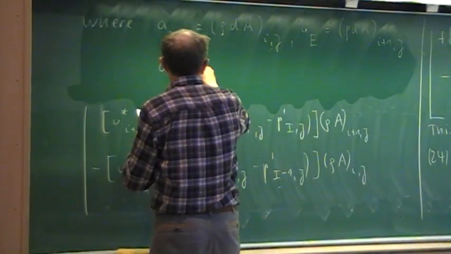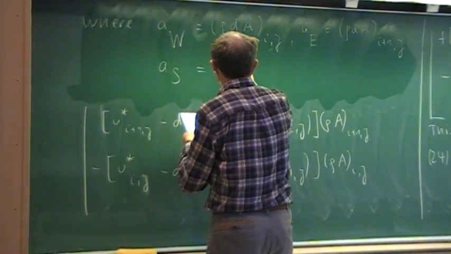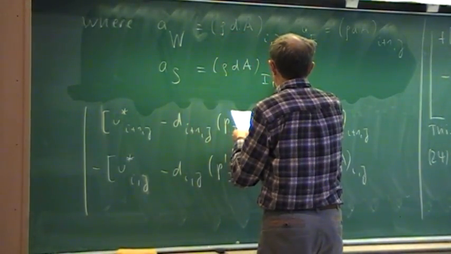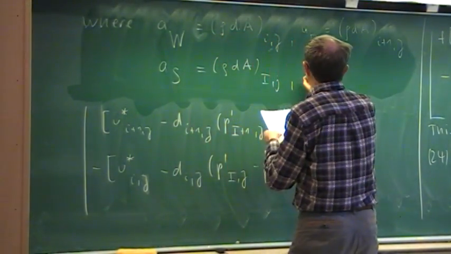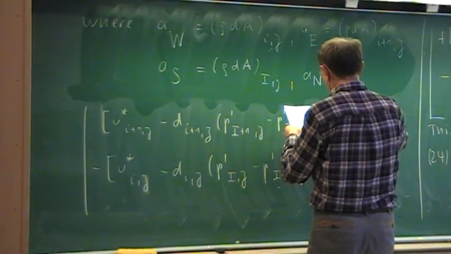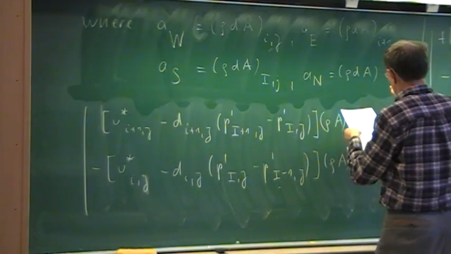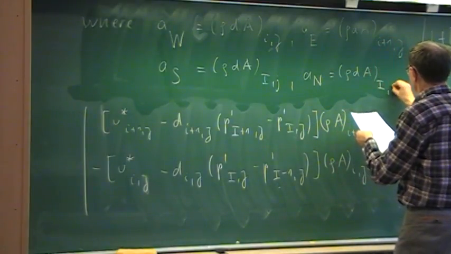The AS is getting rho d of ij, and the A north is getting rho dA of ij plus 1.